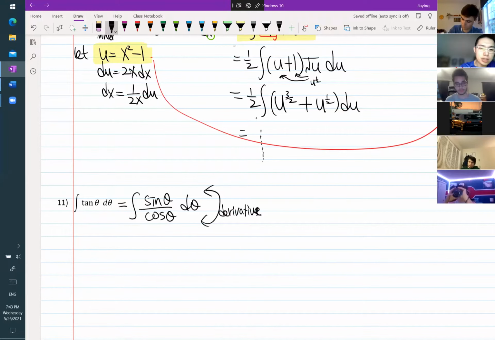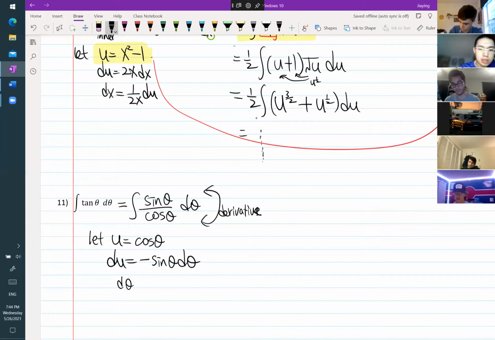So here we're going to let u equals cosine theta, and the du will be, when we take the derivative of cosine, we get a negative, so negative sine theta d theta. And then I can solve for d theta there. So d theta is equal to negative 1 over sine theta du, just like we would do normally.